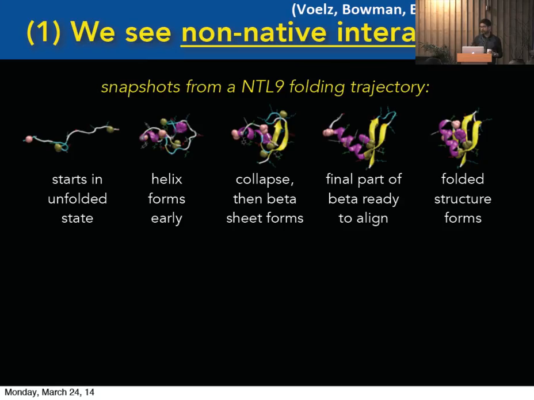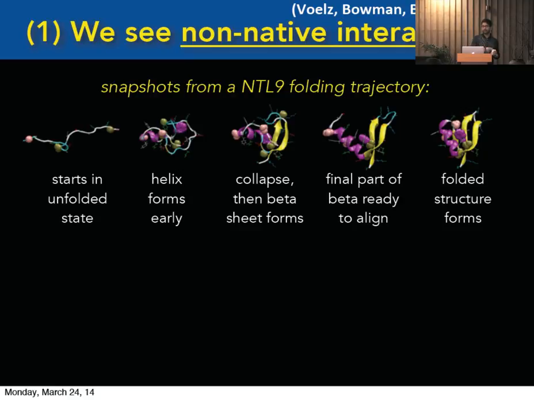First off, now that we have long enough timescales to reach it, and methods that really don't bias you or force you towards certain outcomes, we see the prevalence of a lot of non-native interactions. So we see the prevalence of structure that isn't found in the native state. Or if we're talking about conformational change from A to B, we find structure that's in neither A nor B. In path-based methods where you pull from A to B, often this doesn't happen.